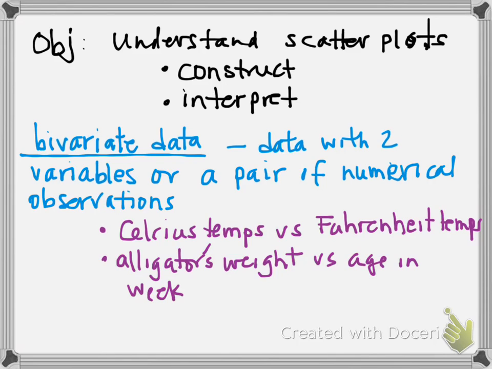So the two variables was weight and time in weeks, and they gave it to us as numbers that paired up together. This particular week, this particular weight. Okay, so that's what this was all about. So that's what we mean by bivariate data. So bi to variate is variable. So it's information that comes from two variables.